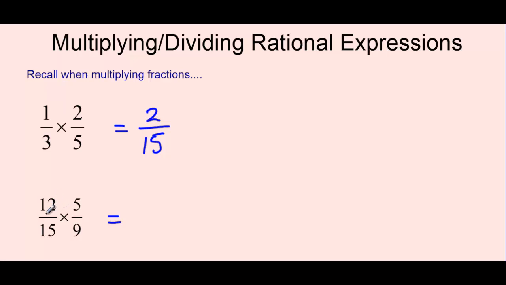So this 12 and 9 can both reduce by dividing by 3. So this would become a 4, and this would become a 3. This numerator 5 and this denominator 15, those can reduce as well, becoming 1 and 3. And now since everything's been reduced fully, we can multiply across. So 4 times 1 is 4, and 3 times 3 is 9.